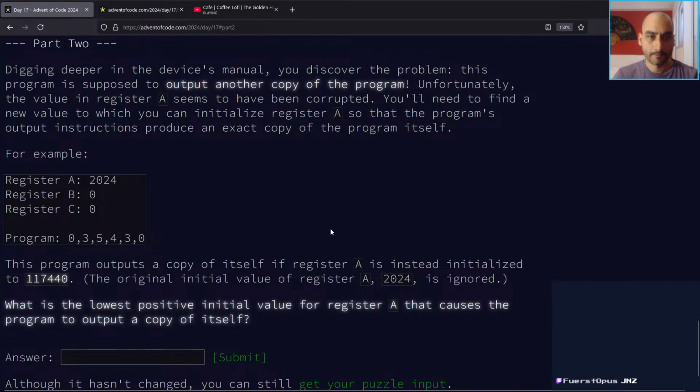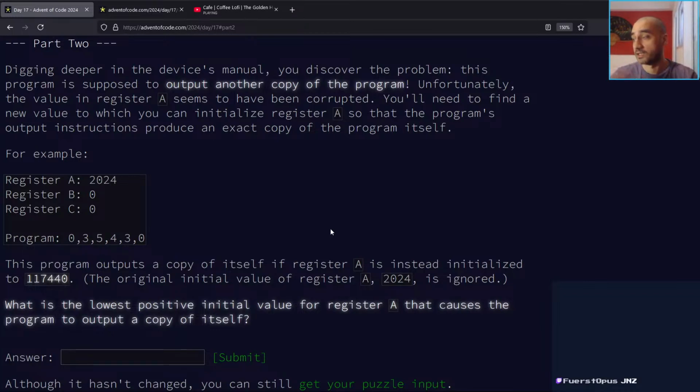Correct. Alright, part 2. Digging deeper in the device's manual, you discover the problem. This program is supposed to output another copy of the program. Unfortunately, the value in register A seems to have been corrupted. You'll need to find a new value to which you can initialize register A so that the program's output instructions produce an exact copy of the program itself.